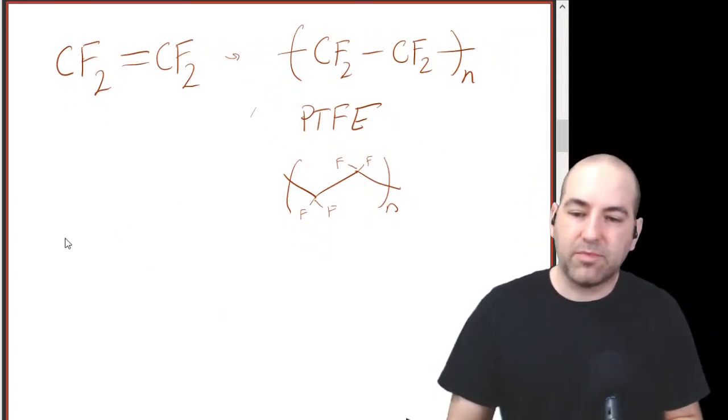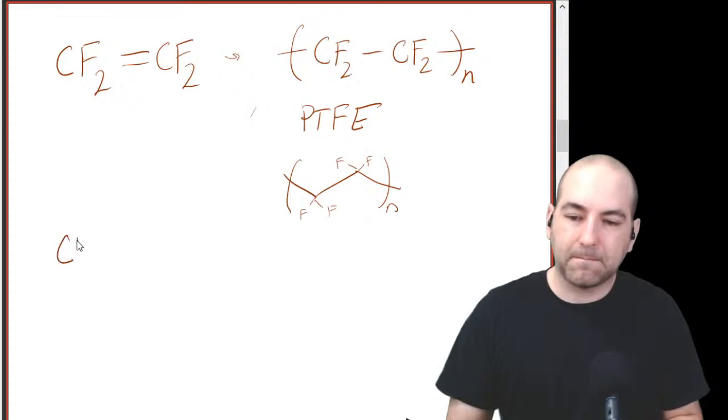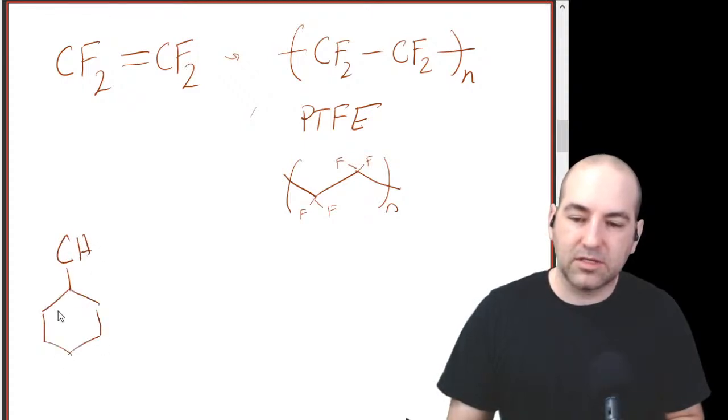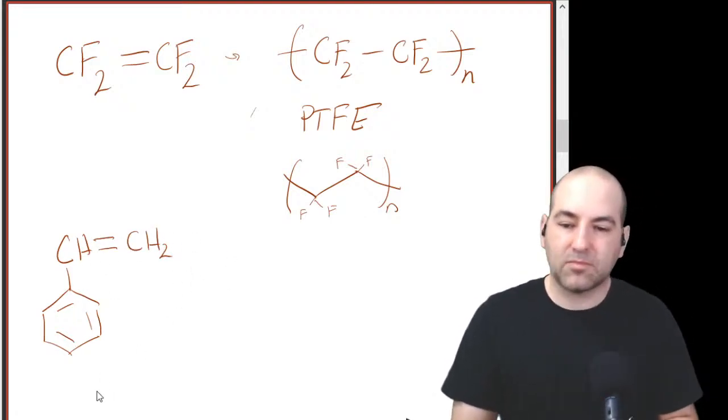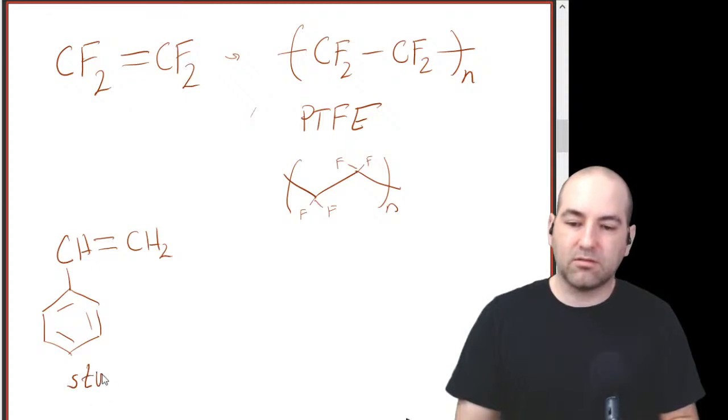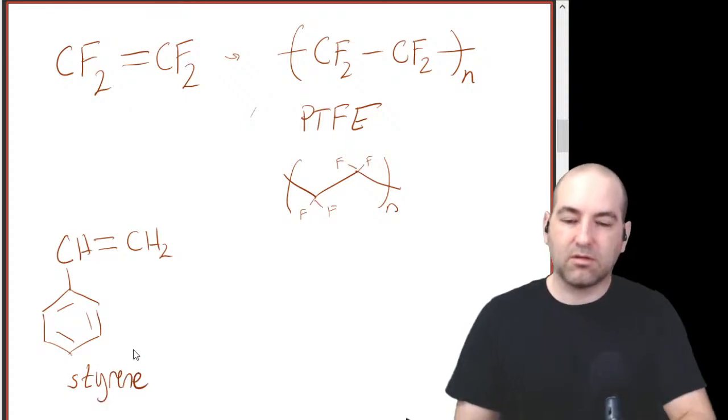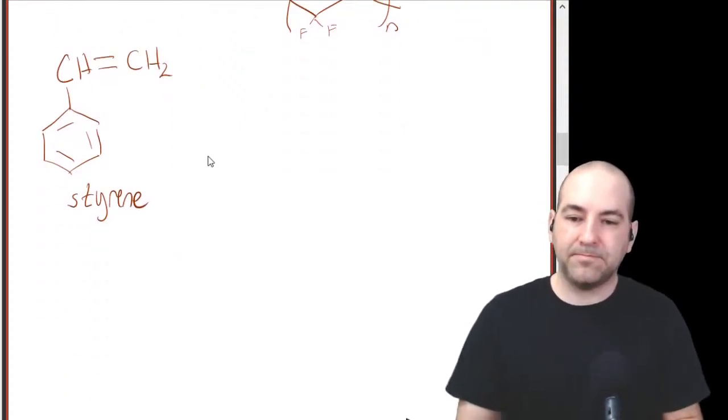All right, another common addition polymer. If we put a benzene ring, which is this thing that we've seen a few times, on our ethylene, this molecule is styrene.